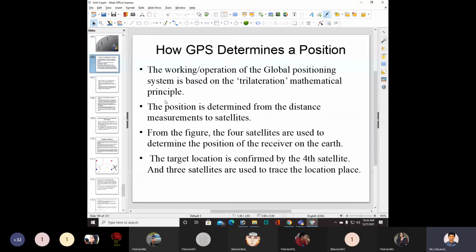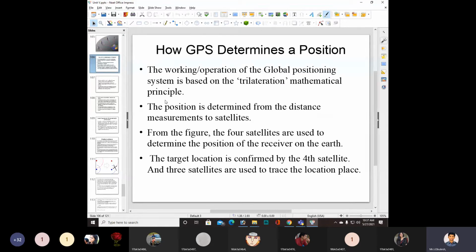Then you need to see in the diagram that we need to confirm the target location. So how are we able to confirm the target? With the help of the 4th satellite. In the figure we have 4 satellites, right?